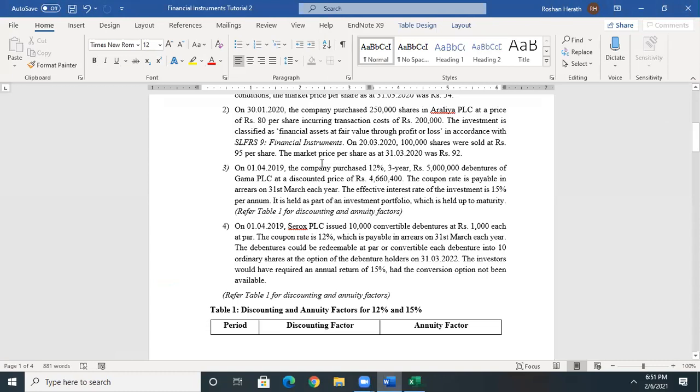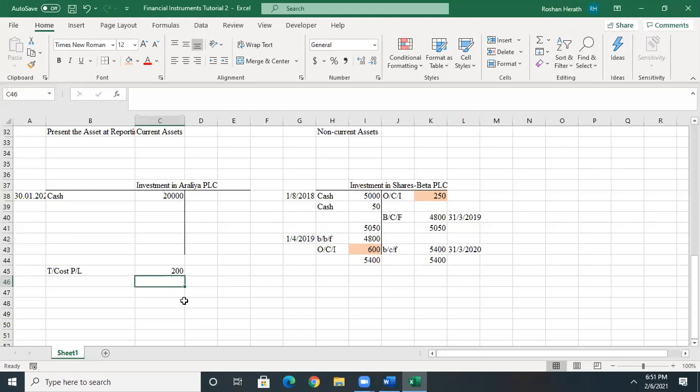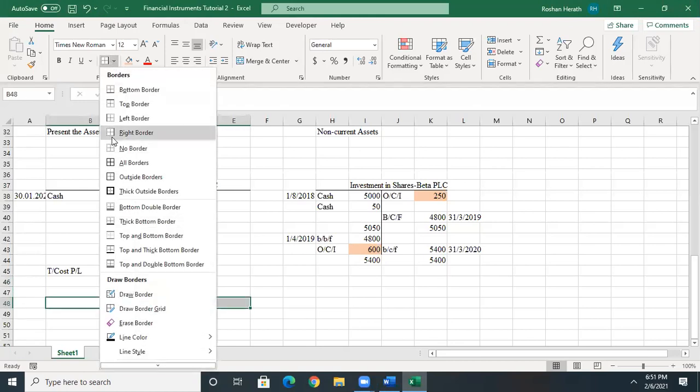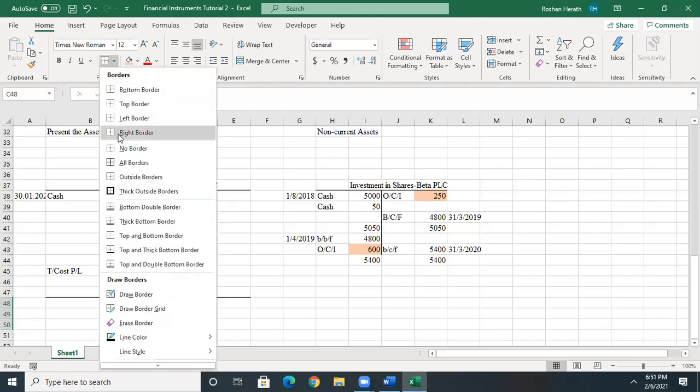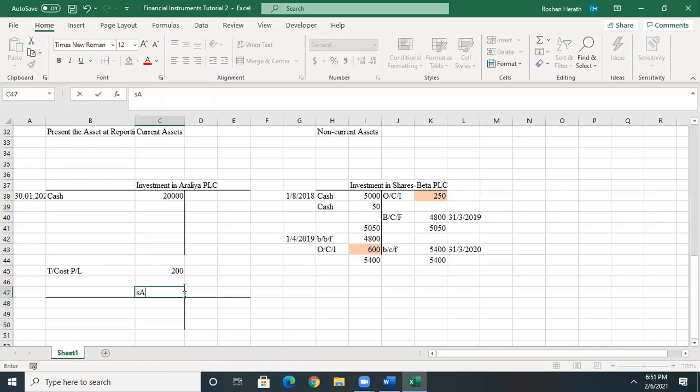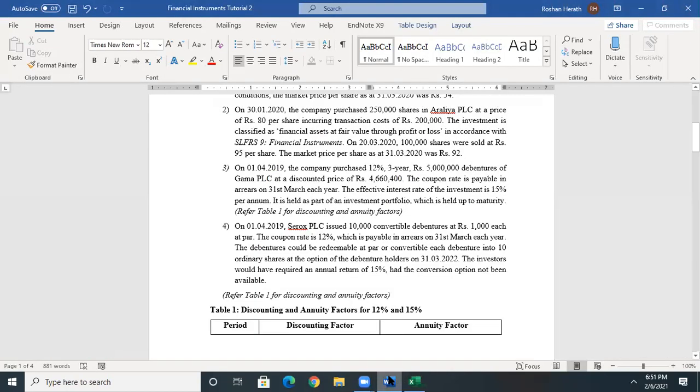And then you're going to sell some of these shares on 20th March. It's in fact 100,000 shares for 95 per share. Okay. So if you simply make a disposal account over there, the sale of shares or disposal of shares, here you sell them at how much? It's 95.